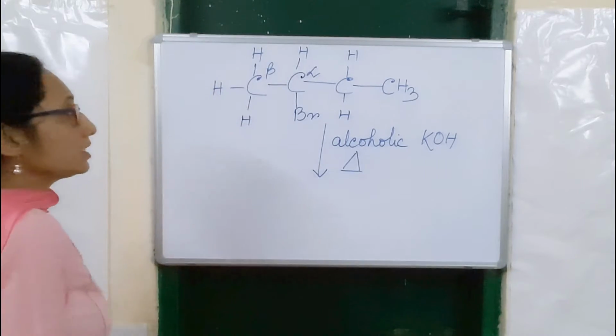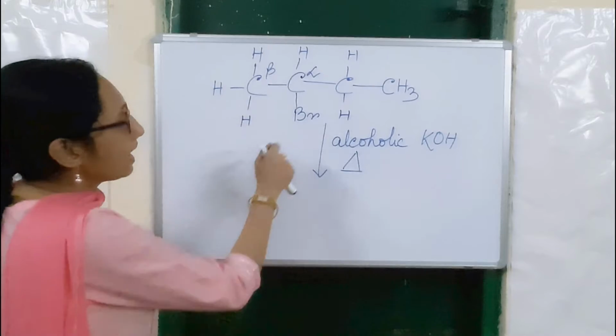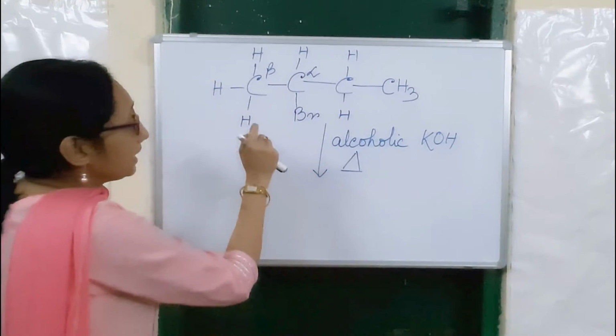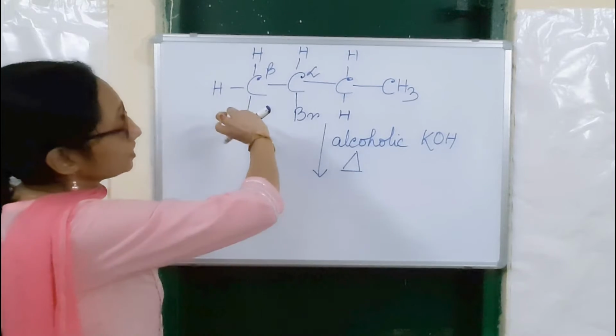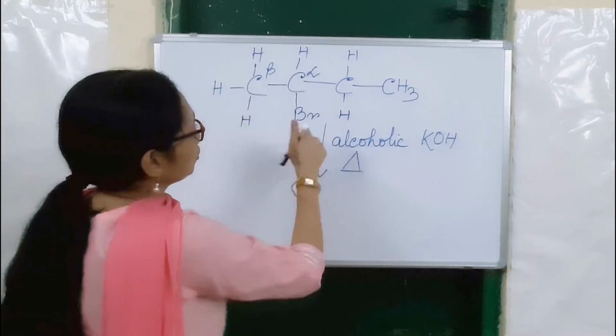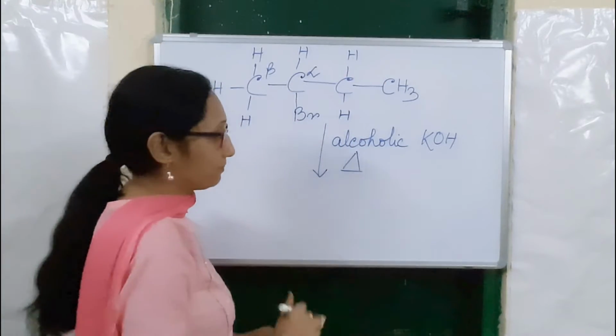Now in this case you will see that we have 3 beta hydrogen here and 2 beta hydrogen at this carbon. Now the structural environment of these 3 beta hydrogen and these 2 beta hydrogen are not the same.